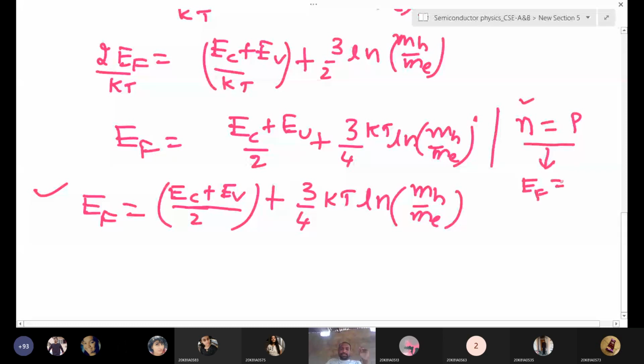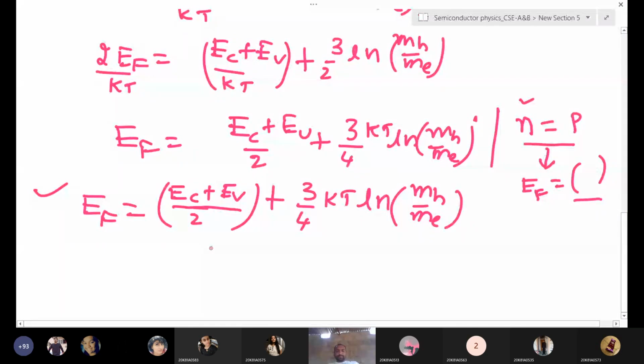If you want to write T is equal to 0 Kelvin, the effective mass of electron is equal to the effective mass of hole. That time this second term becomes 0. That means EF is equal to EC plus EV by 2.